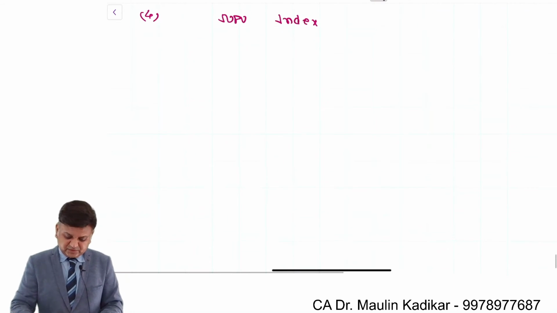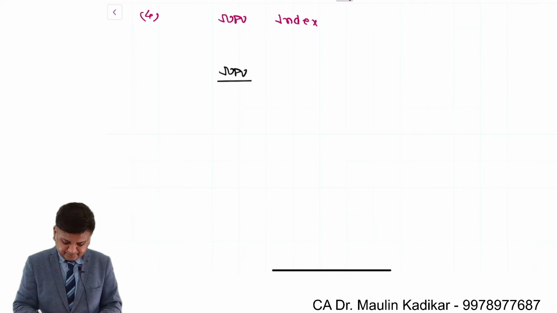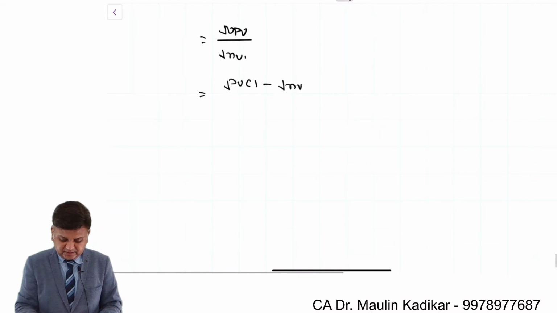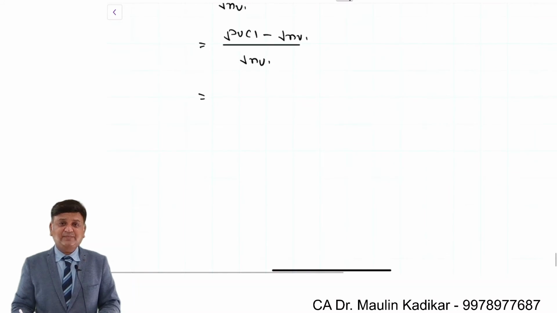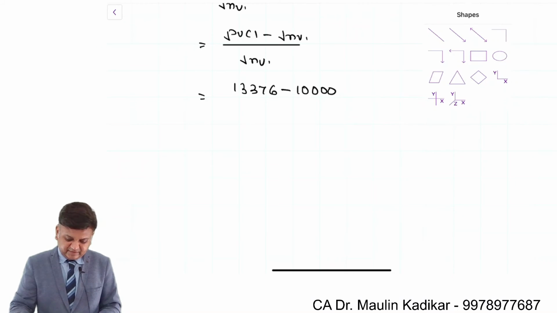Don't write anything, let me explain. NPV is present value of the cash inflow minus investment, which is 13376 minus 10,000, divided by 10,000.